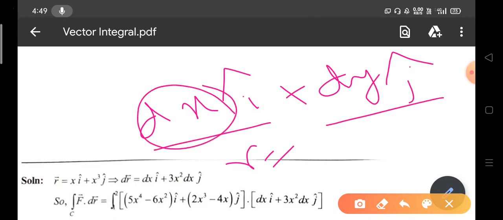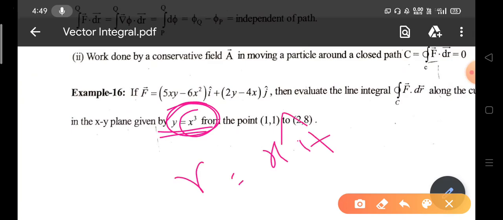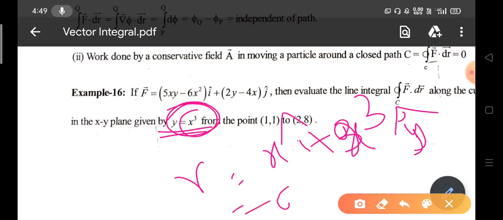Here dy equals 3x square dx because y equals x cube. So dr equals dx into i cap plus 3x square dx into j cap.